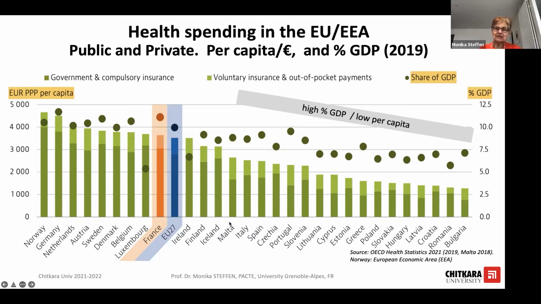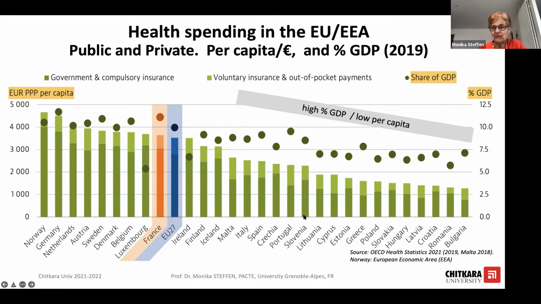But basically, as we go to the south, Italy, Spain, Portugal, and to the east, Estonia, Poland, Slovakia, it gets less and less. So Northern Europe and the Western continental European countries are big spenders for healthcare. It's followed by a mix of southern and eastern countries, like Malta, Ireland, Spain, and Slovenia. They're sort of in the middle.